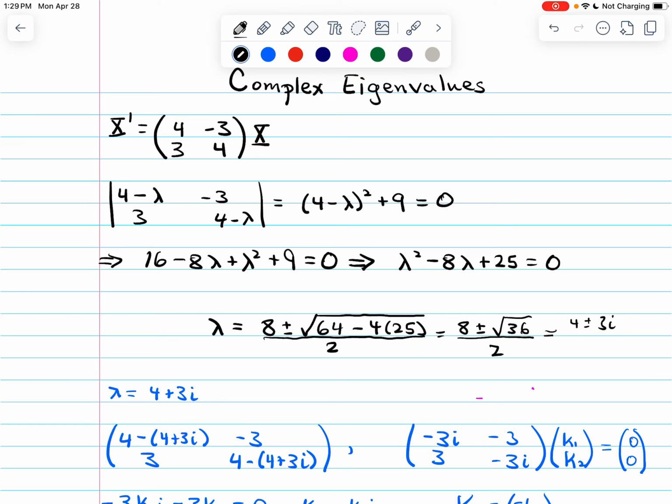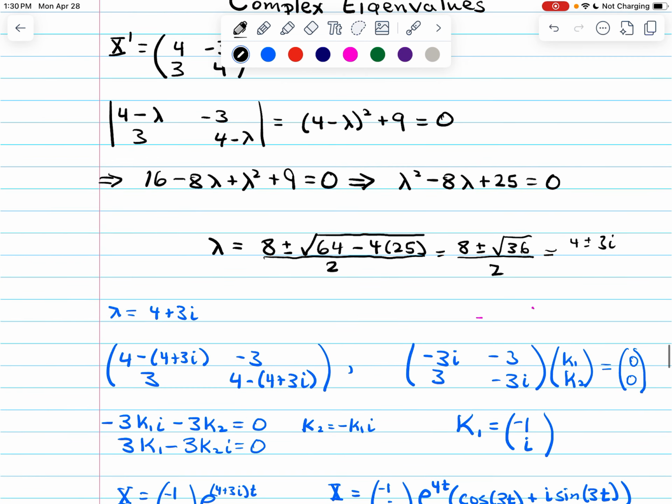Because remember, what we're trying to do is find a pair of solutions that are linearly independent. And we're going to be able to do that with lambda equals 4 plus 3i. I don't need to worry about the conjugate here. You'll see as we go along.